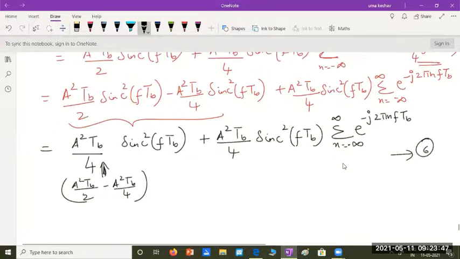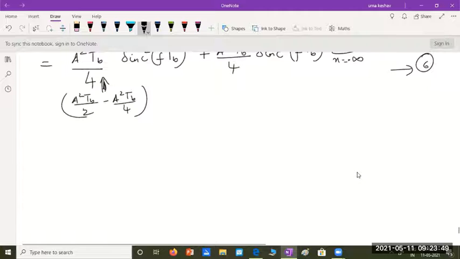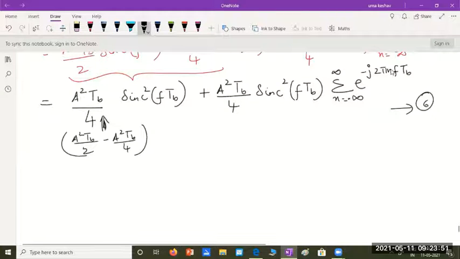Okay. Now this term inside this summation can be simplified or analyzed using Poisson's formula. Do you remember the Poisson's summation formula? Recall. If you don't remember, please write down.